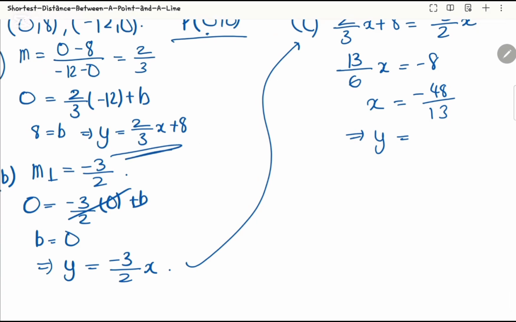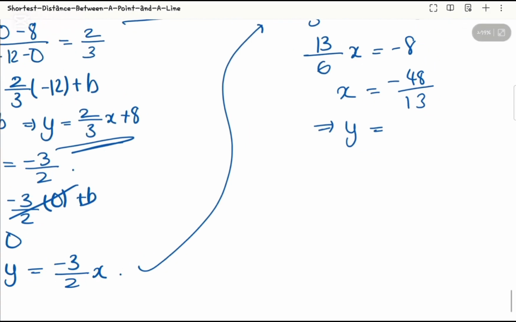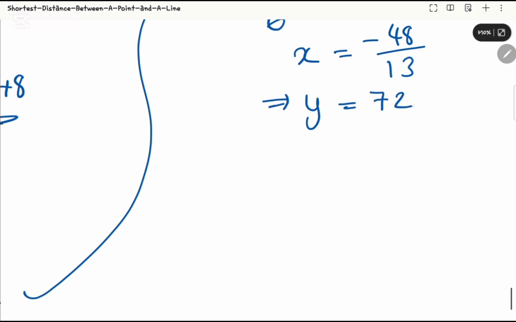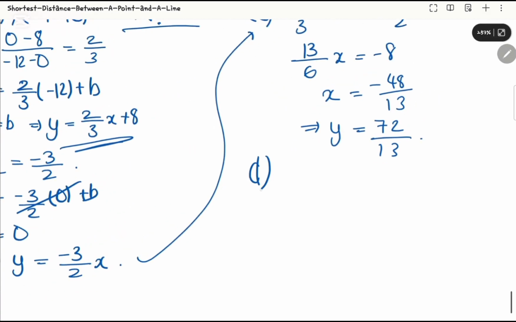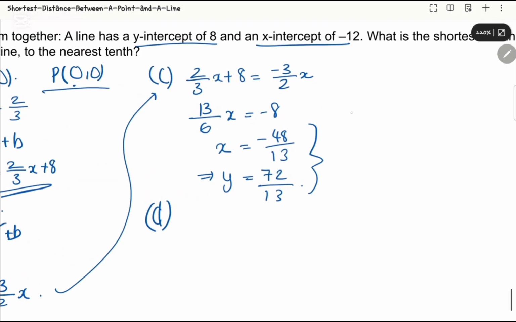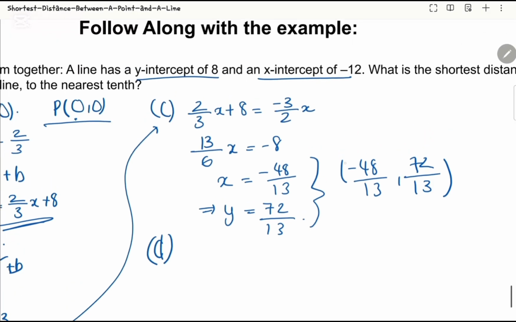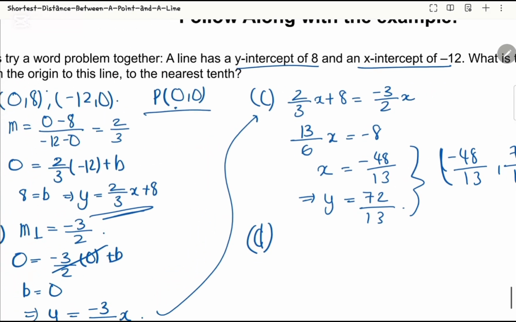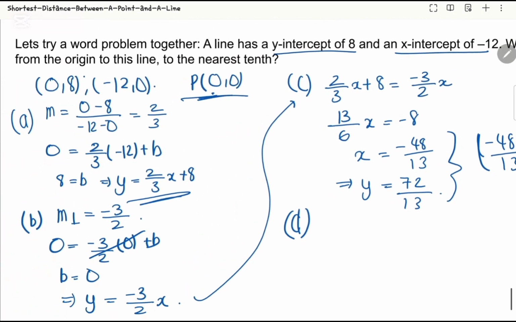Plug this x back into your equation here. So 2 over 3, negative 48 over 13, plus 8, should give you this number. Okay, that's your point. You now just need to find the distance between this point and the original point of 0, 0.